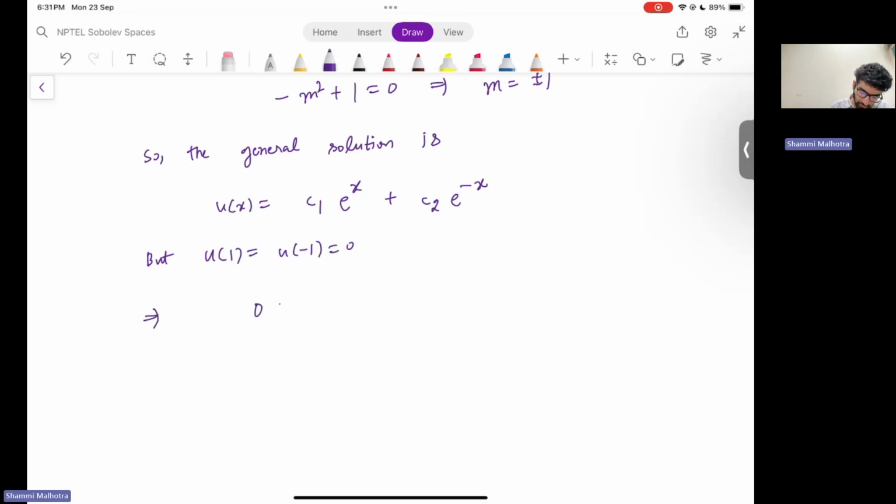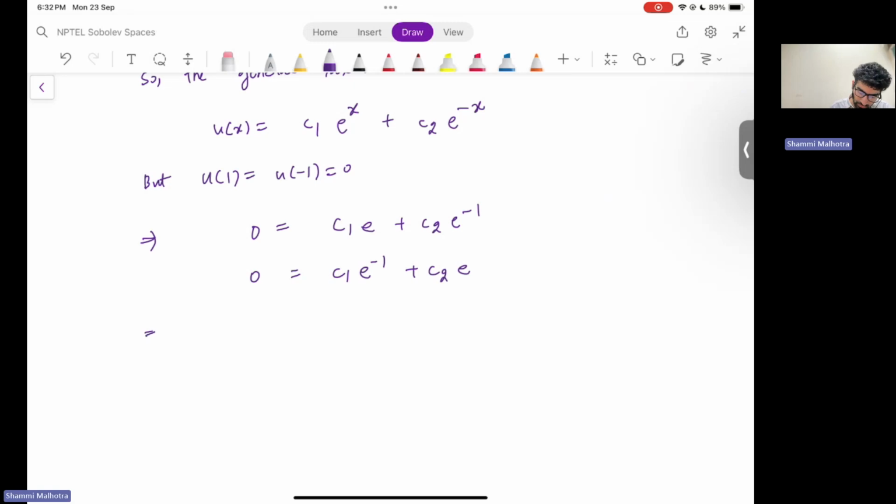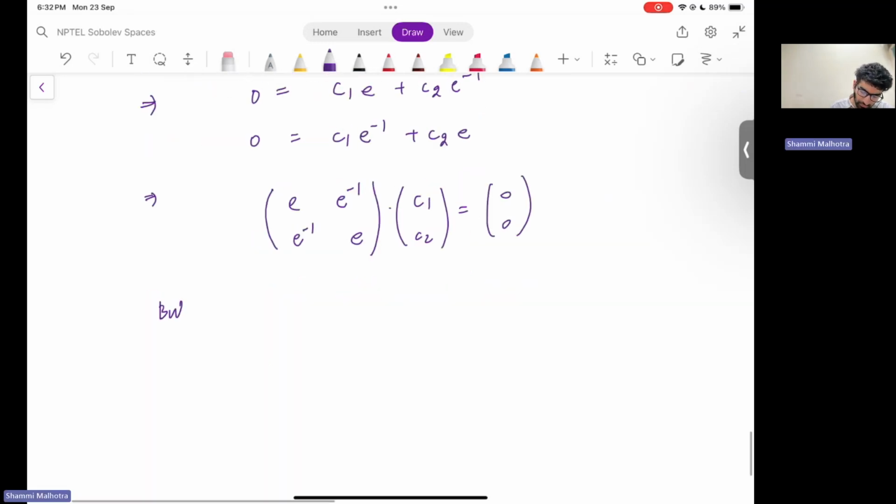This basically implies C1 times e raised to the power of 1 plus C2 times e raised to the power of minus 1 equals 0, and C1 times e raised to the power of minus 1 plus C2 times e raised to the power of 1 equals 0. This can be written as a system with matrix A, e, e minus 1, e minus 1, e, times C1, C2 equal to 0. But this matrix A is invertible, so we have only the trivial solution.